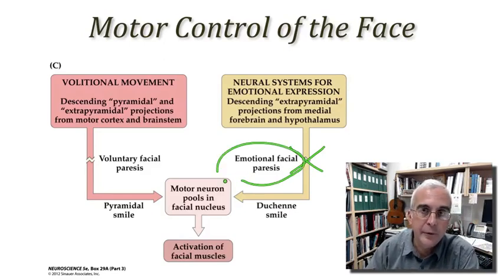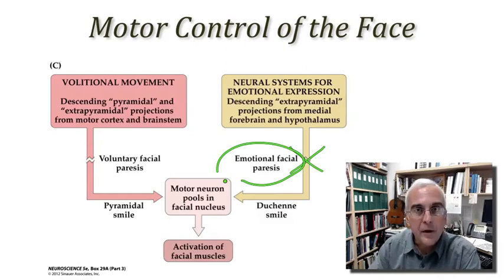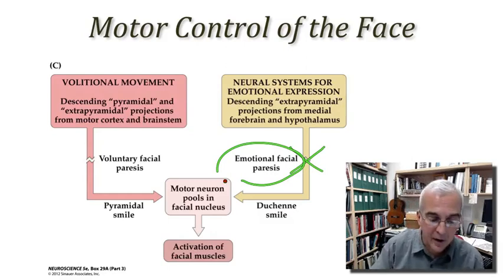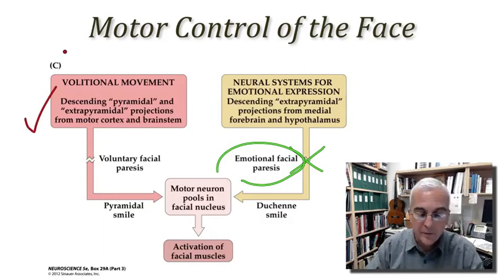These would be an individual that, when told an amusing story, might only express emotion on one side of the face. However, if you ask those people to raise their eyebrows or show their teeth, they might do so symmetrically, because the pyramidal pathways from the lateral precentral gyrus are intact.